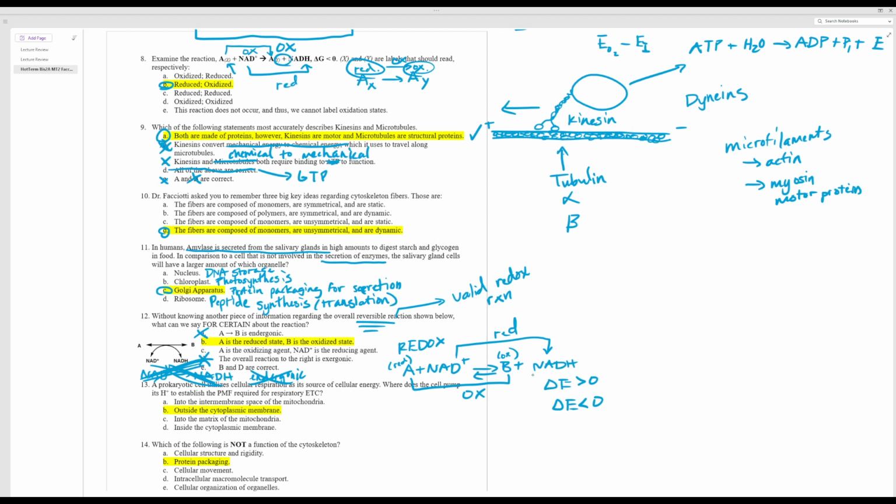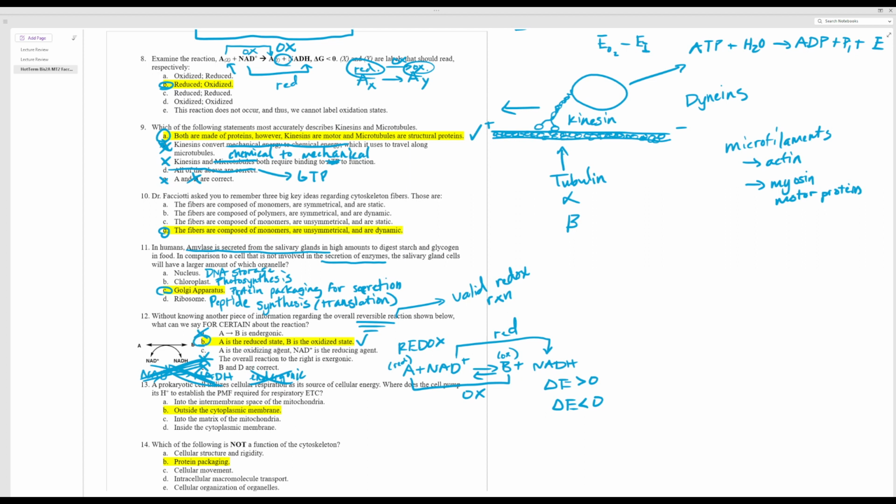I just know one of them is, which tells me that we have a valid redox reaction, which means that my A state must be the reduced state, because that's the only way to have a valid redox reaction. So B works. I know D doesn't work because the overall reaction to the right is exergonic. I have no idea if that's true. So B must be our answer.